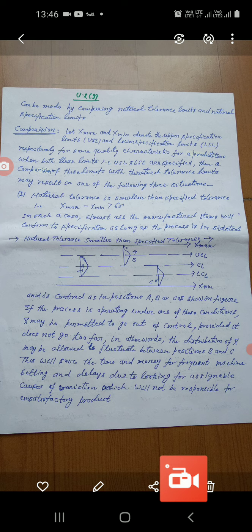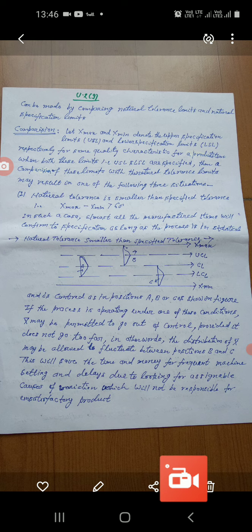First of all you should consider the given figure. One line is for X maximum and the last line is for X minimum, and the dotted lines are for UCL, upper control limit, the middle is the control line, and LCL, lower control limit.